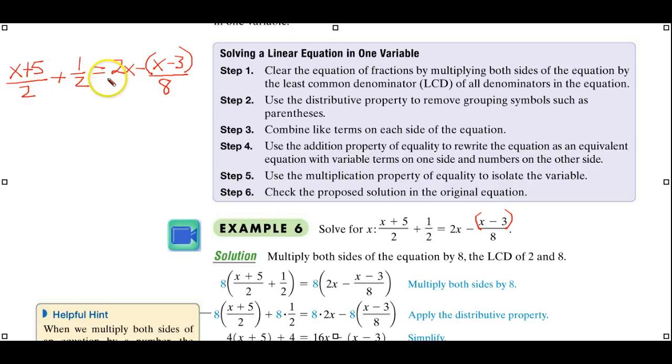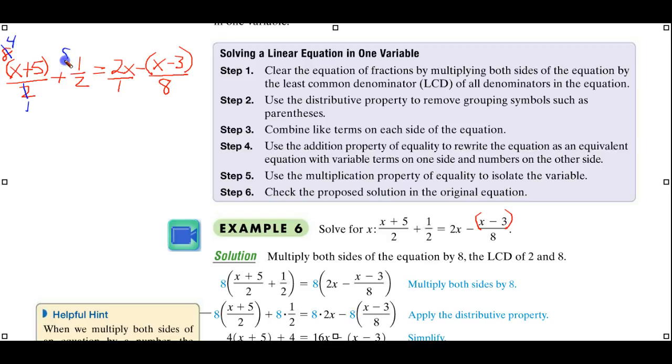But we want to get rid of all our fractions by multiplying each term by the lowest common denominator. Now remember, this one already has a denominator of 1. So our lowest common denominator is 8. So I have to put this in parentheses too. Okay, now I start multiplying here. 2 will go into 2 once, 2 into 8 4 times.